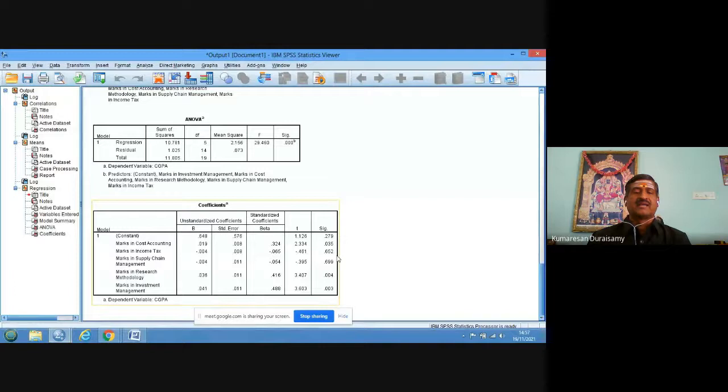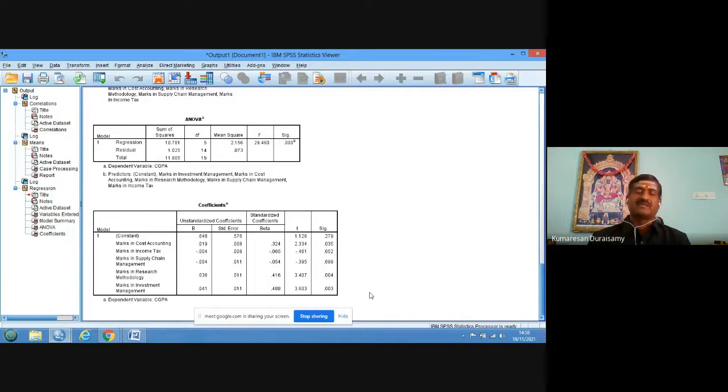Then second one, income tax, 0.652, not significant, because the p-value is greater than 0.05. Then supply chain management, p-value 0.699, it is also not significant because the p-value is greater than 0.05. Then come to research methodology, it is 0.004, less than 0.01, so it is significant.